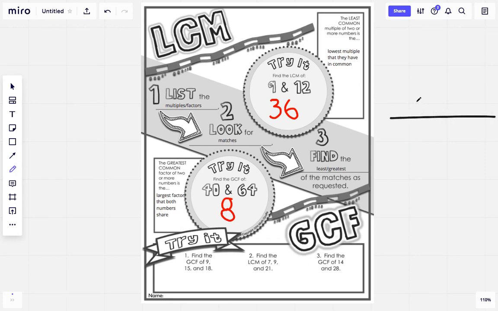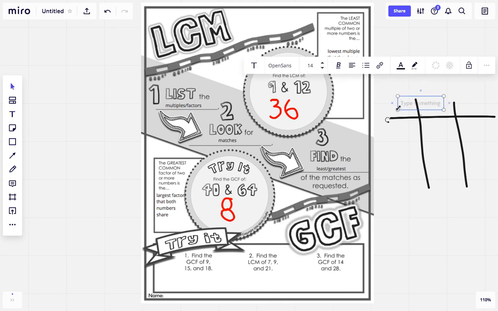So I'm going to make my chart into one that has 3 columns. And then I'm going to list out my numbers. So we have 9, 15, and 18. Let's list out the factors for each of these numbers.